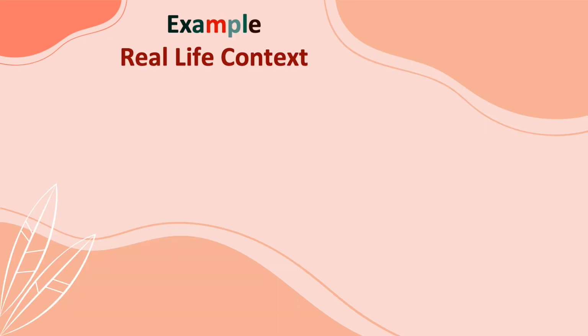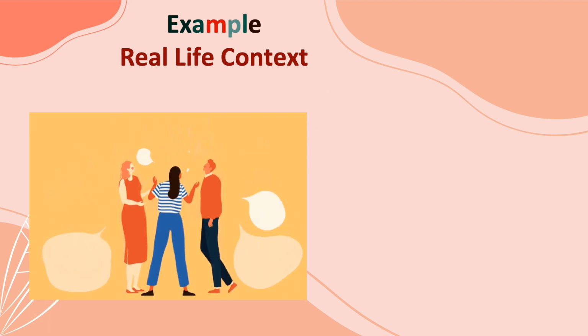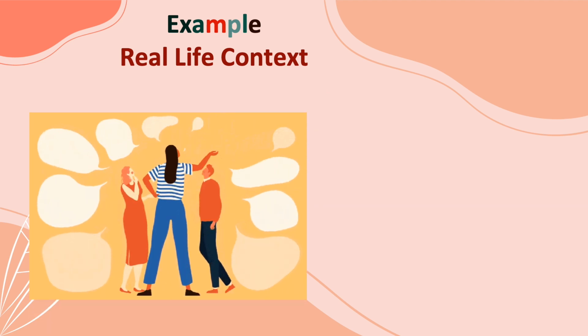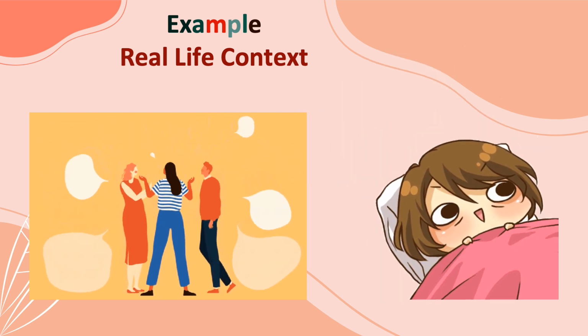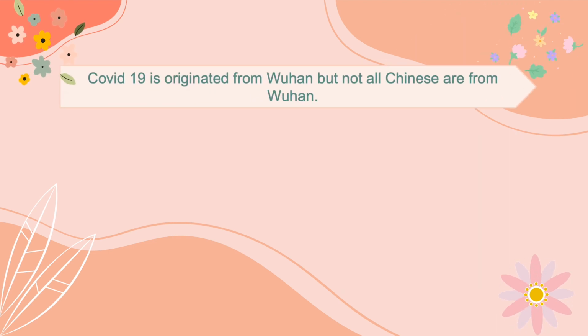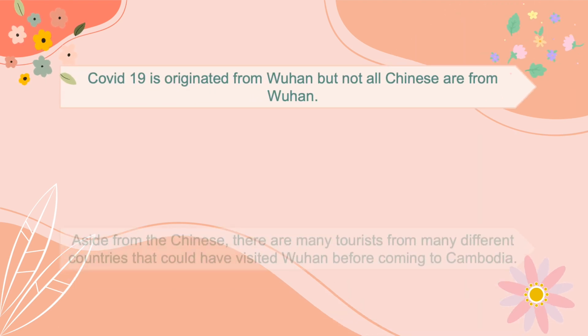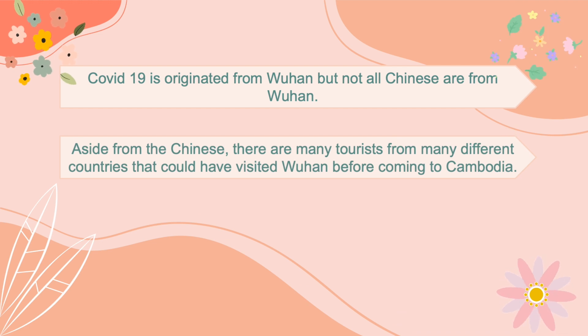This theory also applies to real-life situations. Suppose during this COVID-19 outbreak, your friend tells you not to go anywhere near Chinese people because the COVID-19 virus originated from China. Should you believe her? COVID-19 originated from Wuhan, but not all Chinese are from Wuhan. Aside from the Chinese, there are many tourists from different countries who could have visited Wuhan before coming to Cambodia.